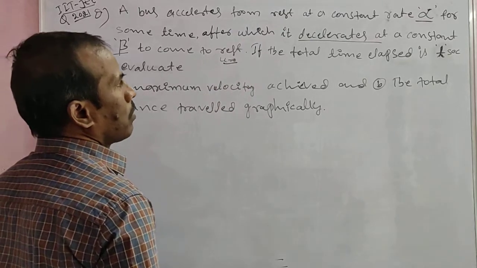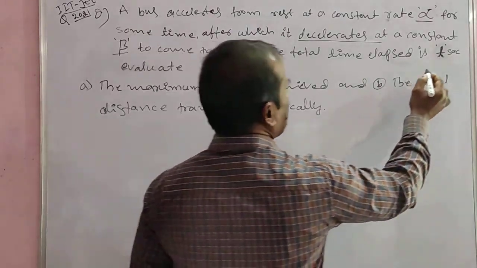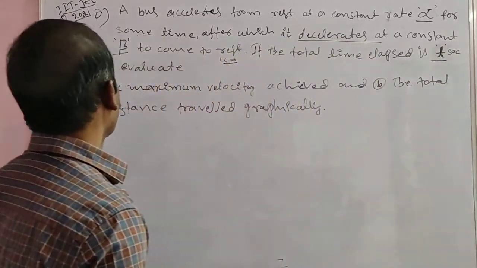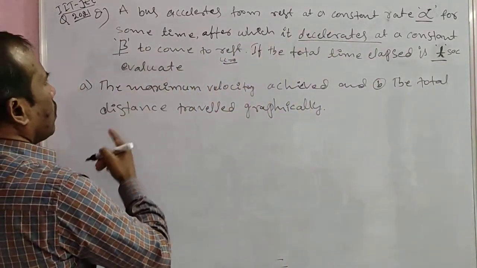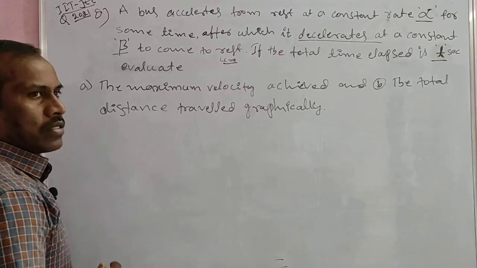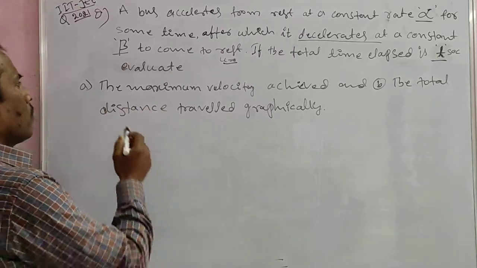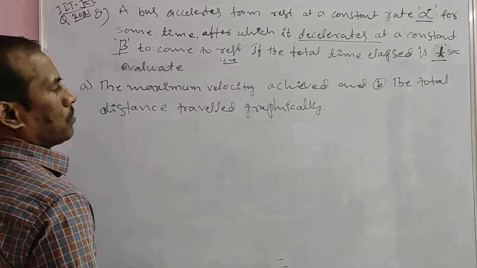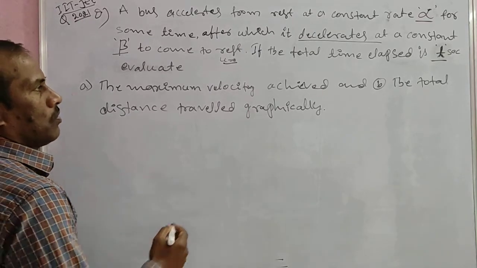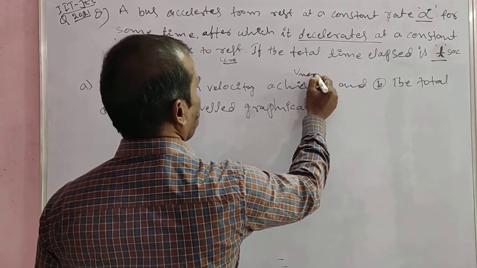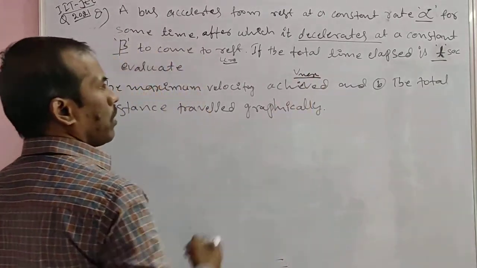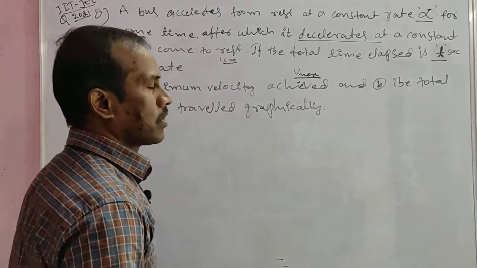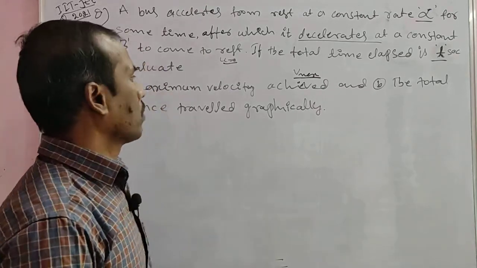If the total time elapsed is t seconds, evaluate two things. One, the maximum velocity achieved. Second, the total distance traveled graphically.